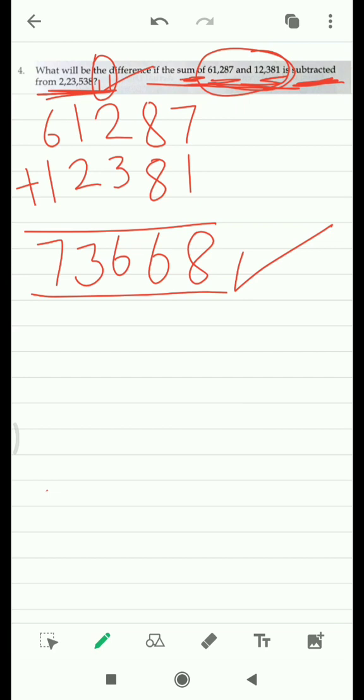Now when we do subtraction, make sure the number which is larger should be on the top here. First we need to write the larger number on the top. So out of this one and this one, see which one is larger? This one. So we can place it here.